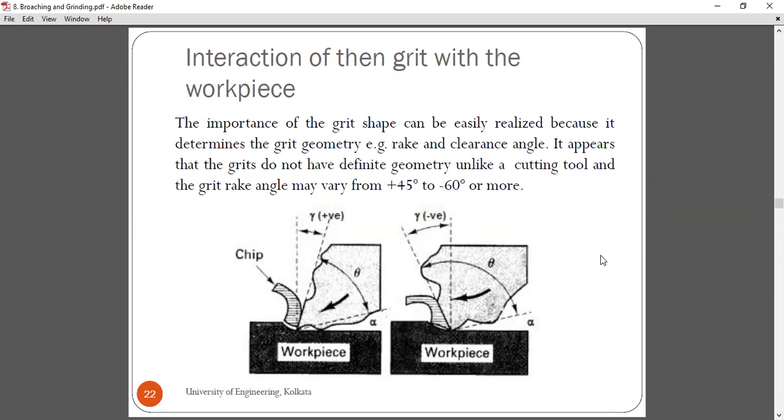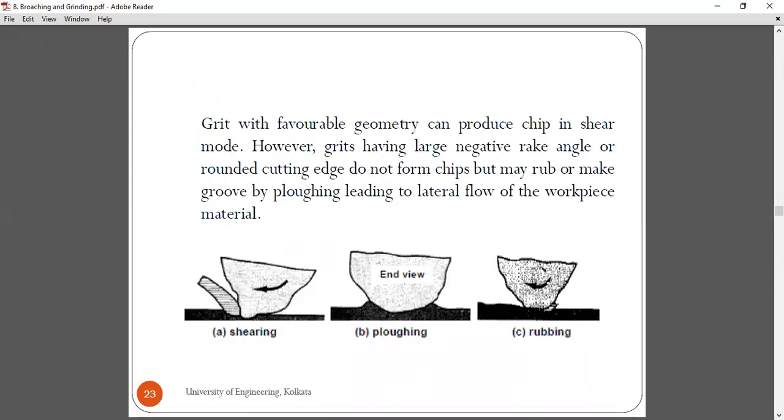Normally, in grinding, discontinuous chips are formed. And normally it is not in the form of a chip, but in the form of very minute dust particles, or we can say metal particles, that come out in the form of sparks from the workpiece material.